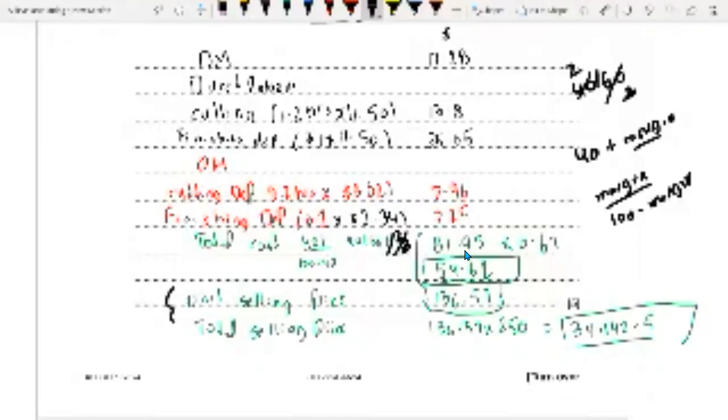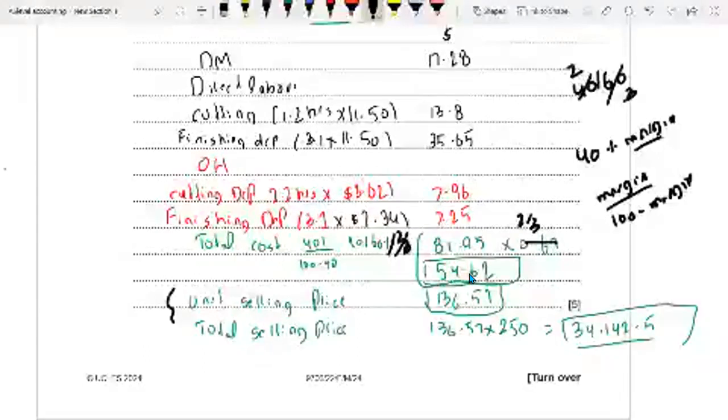So 81.95 multiplied by 2 over 3, we have 54.62. So 54.62 is basically our margin, and you have to add this to the cost. How can I get the selling price?